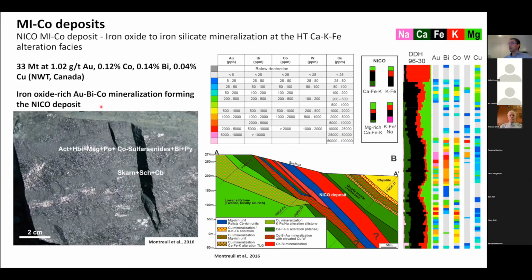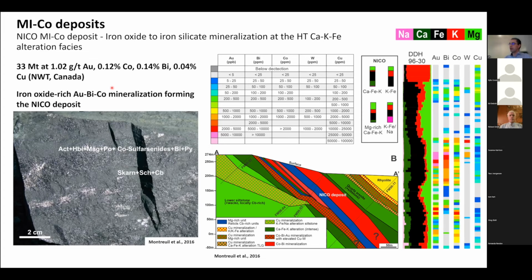If we look at the Nico deposit, this is a Canadian example of metasomatic iron cobalt type of mineralization. If we look at the section along a drill core, we can see that the zone of gold, bismuth, and cobalt mineralization is associated with calcium, iron, and some potassium in the chemical signatures of these alteration facies, very typically associated with cobalt and other element mineralization.